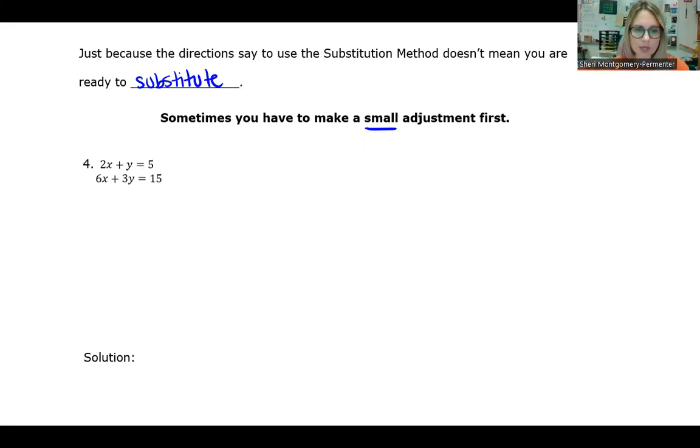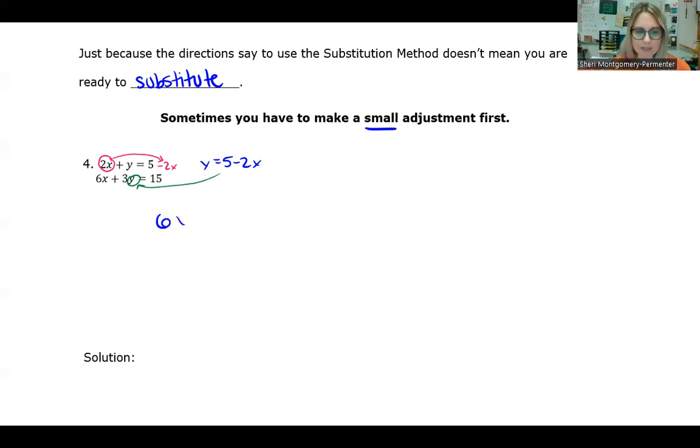So for this one, if we brought this 2X to the other side, subtract 2X, now we have Y is equal to 5 minus 2X. That is in Y equals form. So we can take that and we could plug it into the other equation where we see Y. So let's do it.